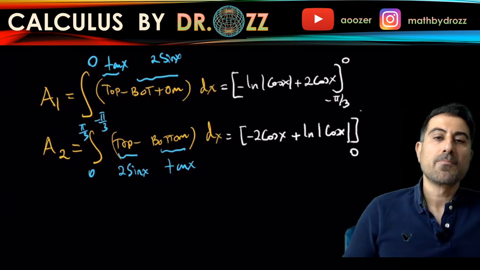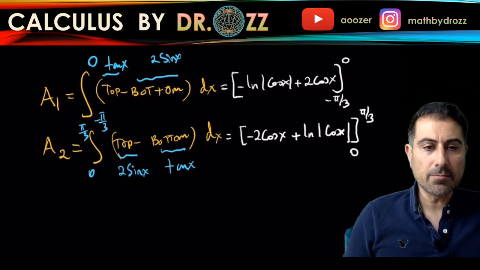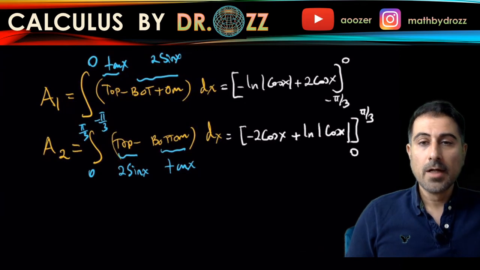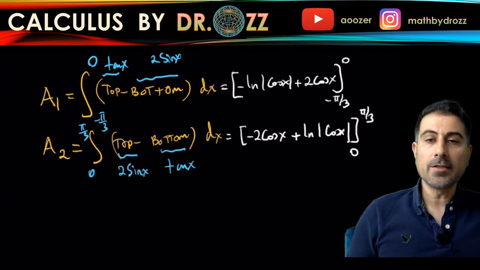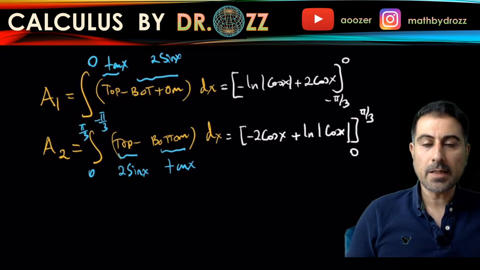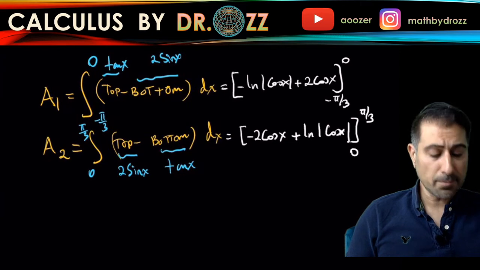Okay? So make sure, again, that you revisit the integration formula card for elementary functions. You need to look at the integral of tan and sine. Tan is coming with the integral ln of cosine x with minus sign. Just don't forget the minus sign.